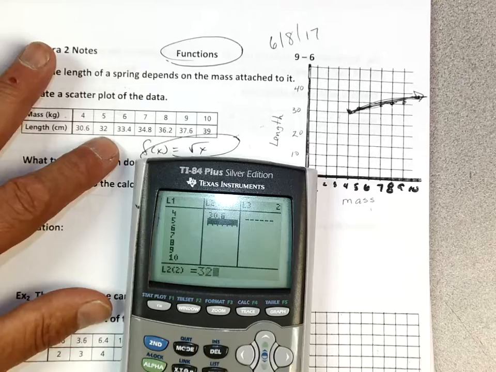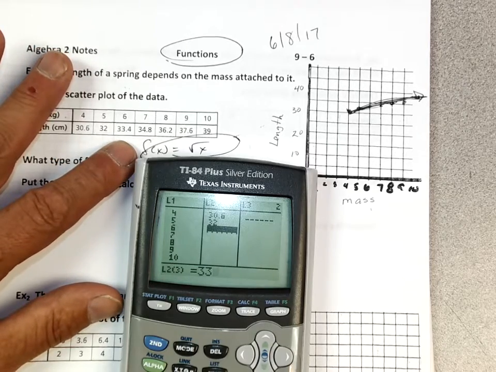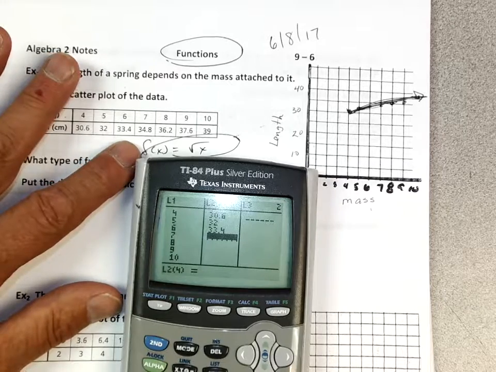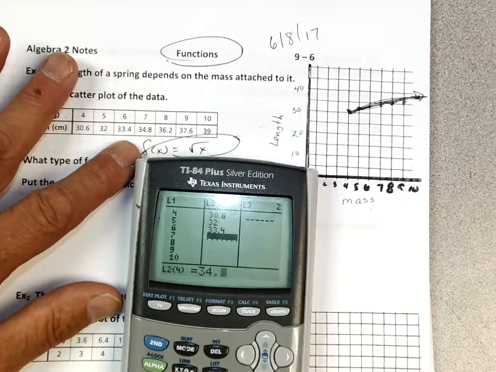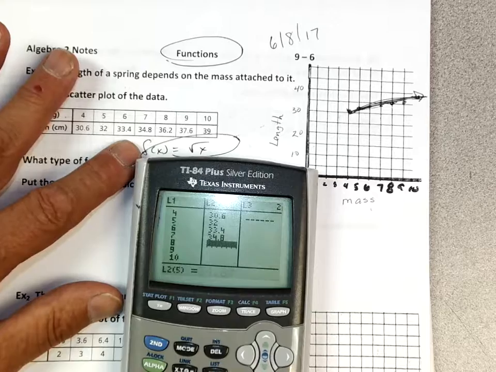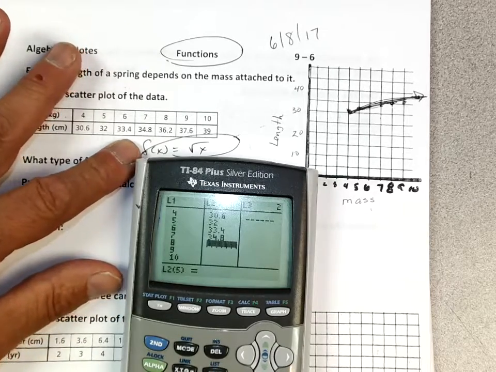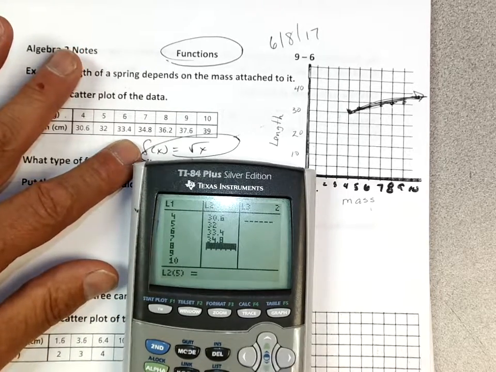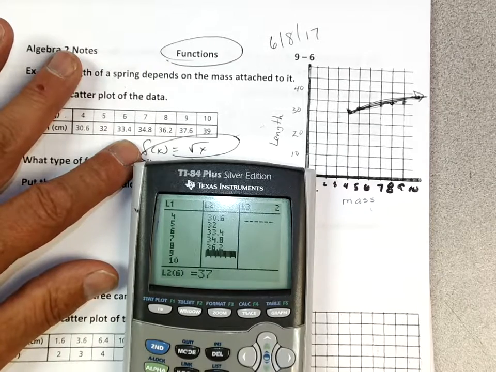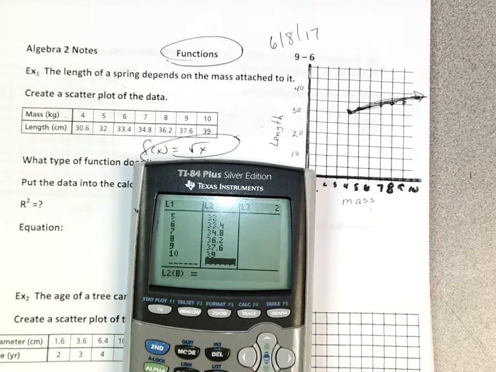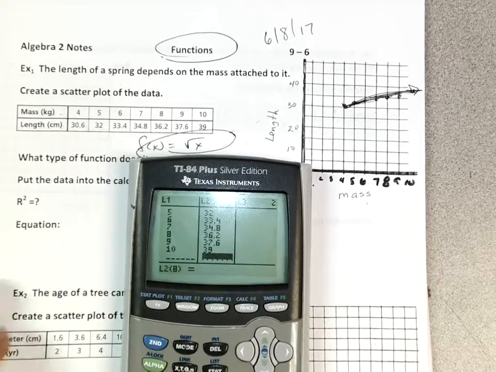Then 30.6, 32, 33.4, 34.8, 36.8, no, 36.2, my bad, 37.6 and 39. Okay, now we didn't have a quadratic, but I do know that that's like a 1/2 power.